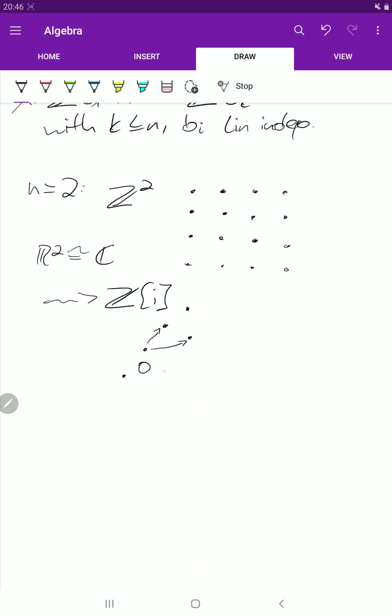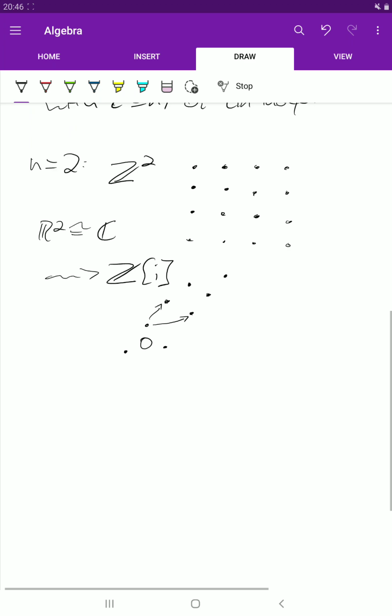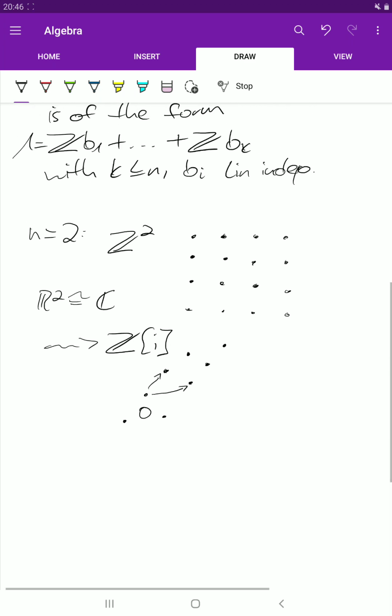I guess you get an idea of how it looks. It should look a little bit more evenly spaced and regular because I didn't draw it that well, but I hope you get the idea. And of course this generalizes to higher dimensions.